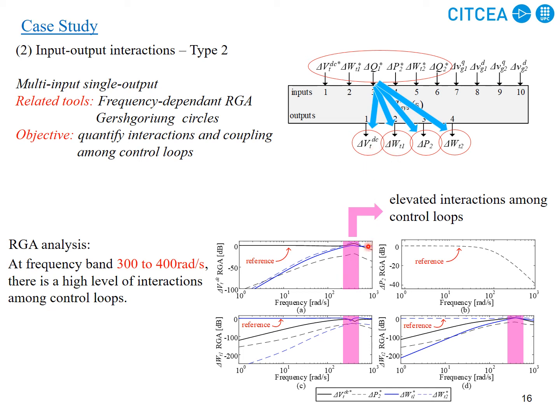So a designer may think at this moment that the total energy of 1 and DC voltage, both of them are inside MMC1, so if they are coupled so much, why not find a cross link between them, or feed forward energy to DC voltage and DC voltage to energy, and improve the overall dynamics of the system.